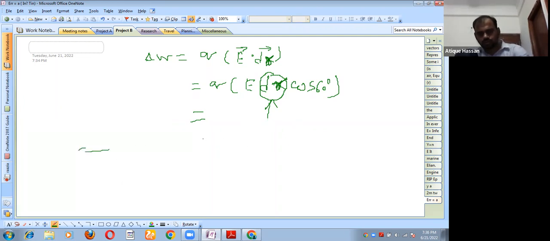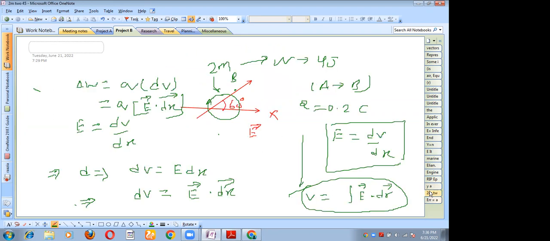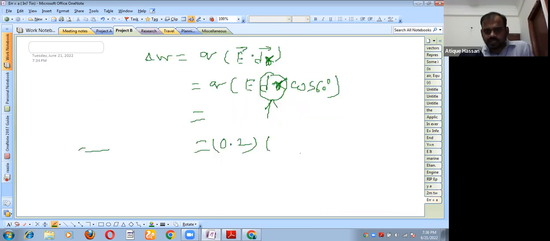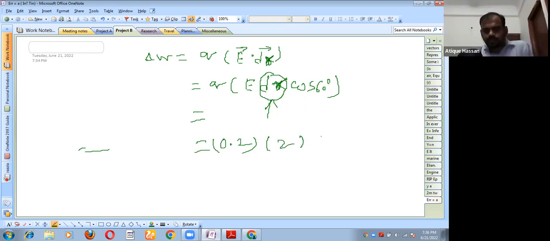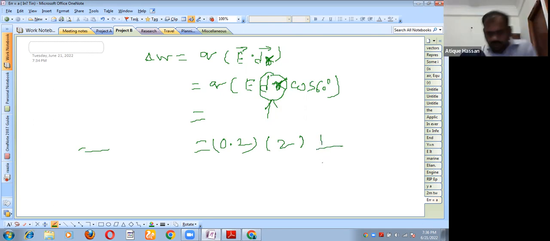So next, what is the value of q? 0.2 coulomb, right? Sir. Value of q is 0.2 coulomb and dr is 2 meter, right? Yes, sir. And what is the value of cos 60? 1 by root 2. Cos 60 is 1 by root 2.